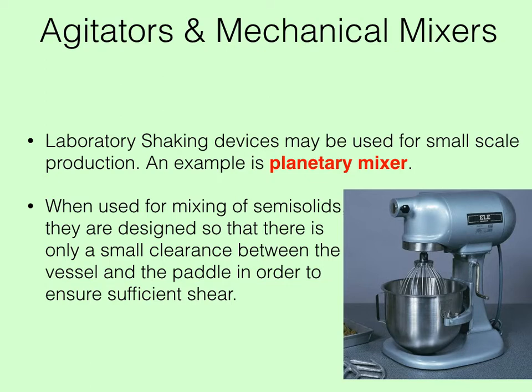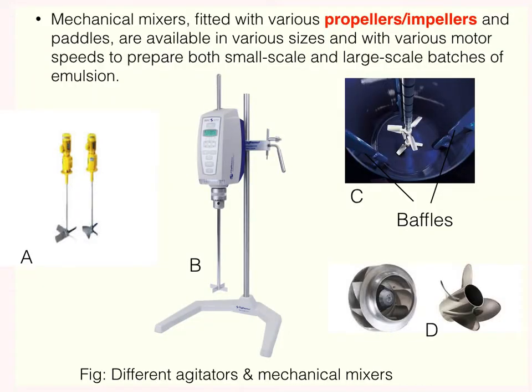In the case of emulsions, the droplet size of the internal phase depends on the shear force within the gap between the spinning blade and the stationary vessel. Mechanical mixers fitted with various propellers, impellers and paddles are available in various sizes and with various motor speeds to prepare both small scale and large scale batches of emulsion.